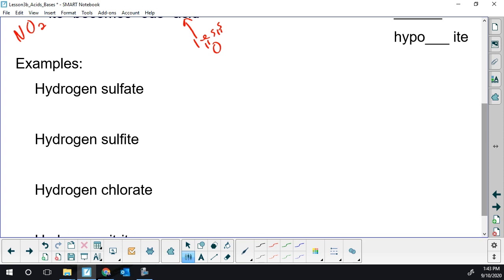Sorry, I've got to do bases super quick. Okay. So first, hydrogen sulfate. We're not going to include the hydrogen in the name.